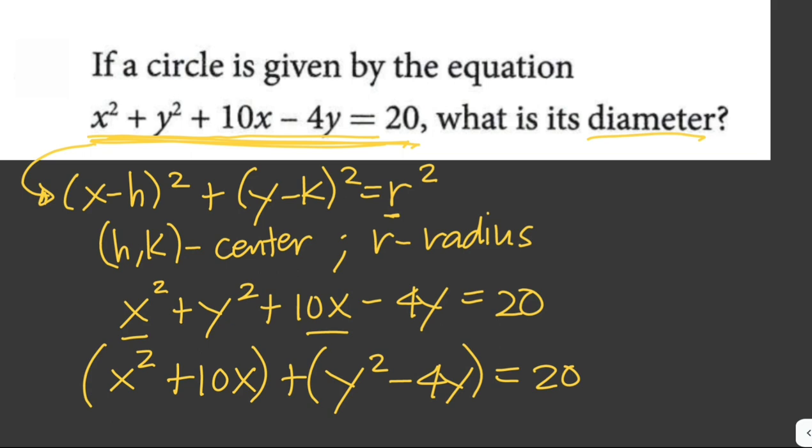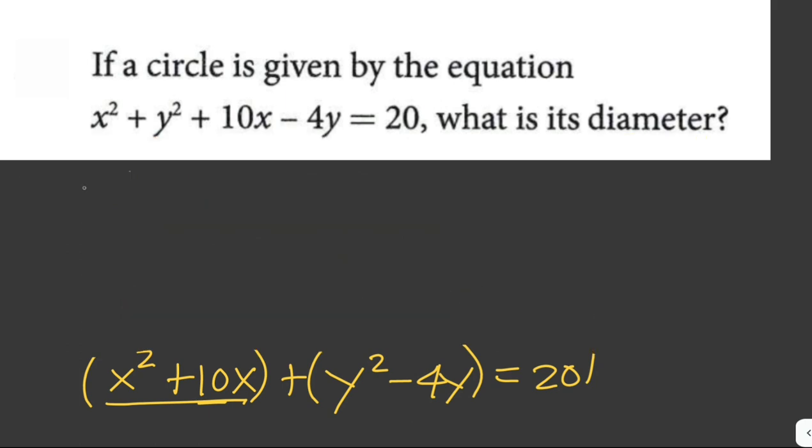Then we complete the square. We divide the coefficient of the middle term by 2 and square it. So we add to each of the expressions here the square of half of the middle coefficient.